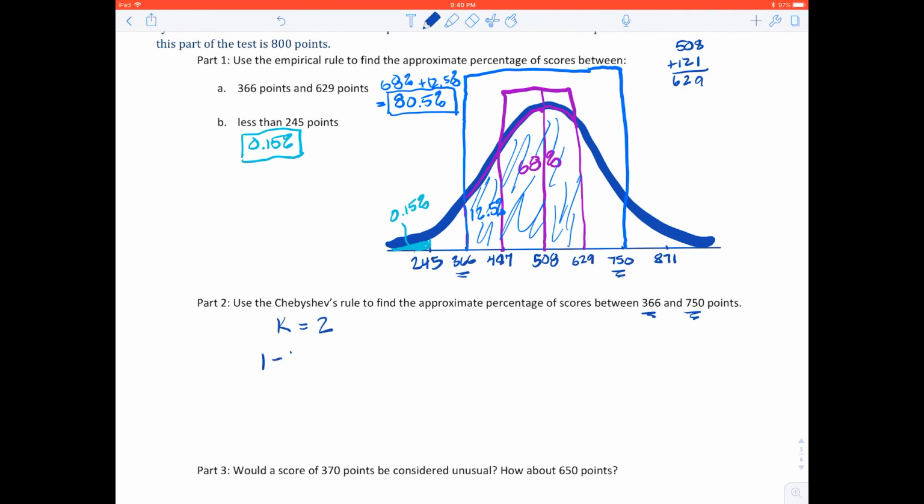So 1 minus 1 over K squared is 1 minus 1 over 2 squared, which is 3/4. Each quarter's worth 25%, and 3 of them would be 75%. So 75% of the exam scores fall within 2 standard deviations of the mean.